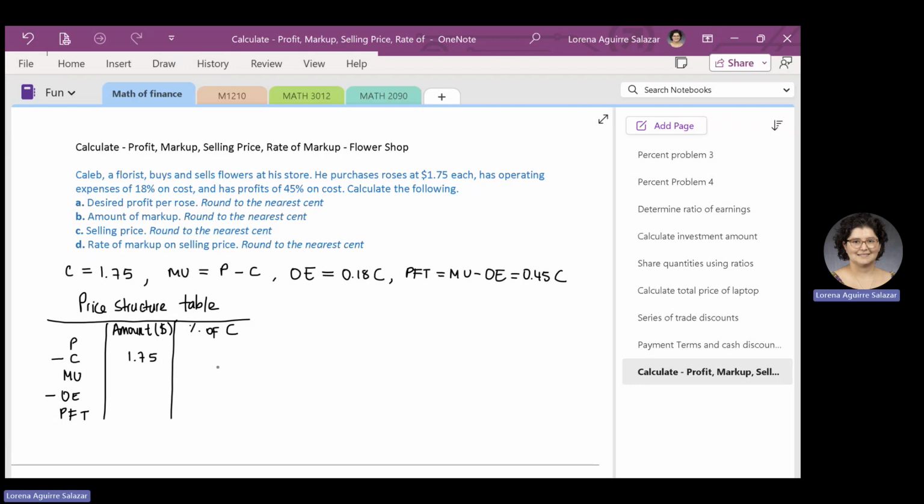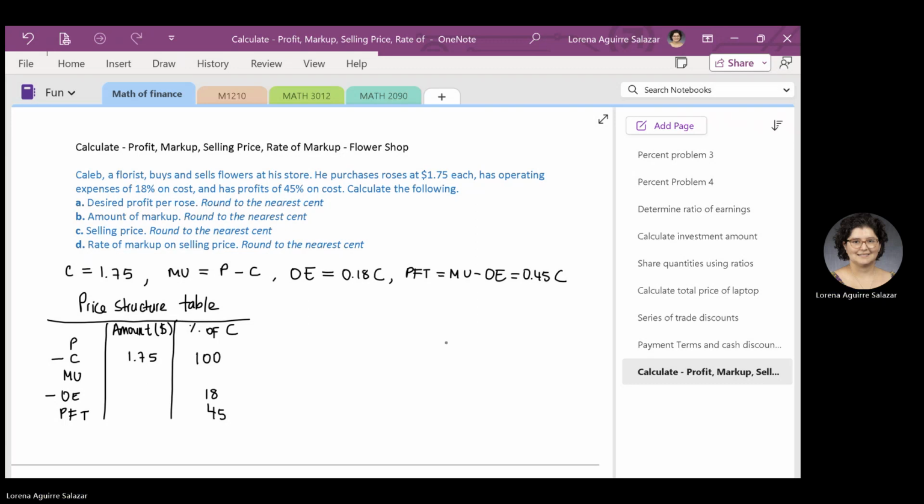So here we write 18, meaning that to compute OE, we do 18% of C. And then profit is 45% of the cost. And the cost is 100% of the cost. This table is a useful tool for solving problems as it will allow us to organize information provided. It already allowed us to do that. And easily identify the values that need to be calculated.